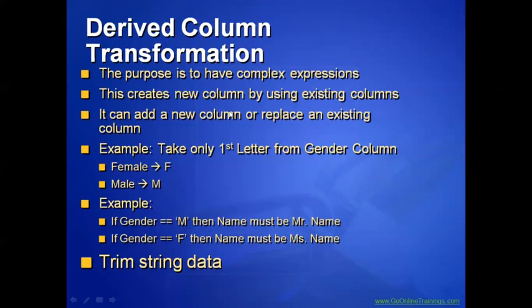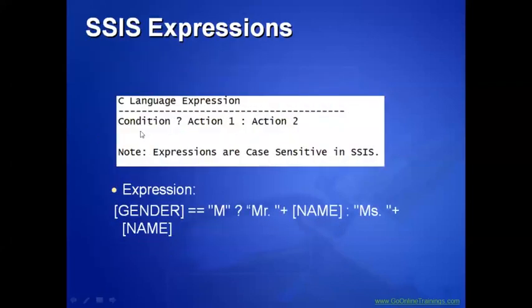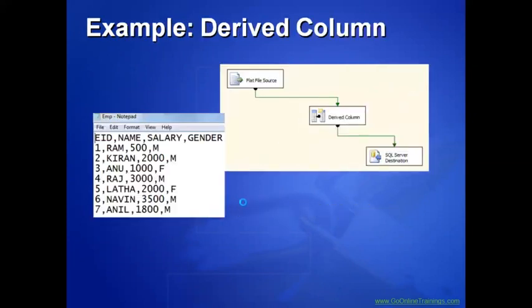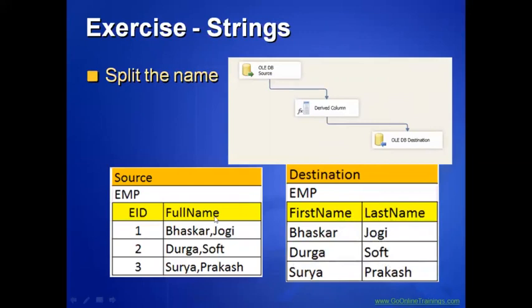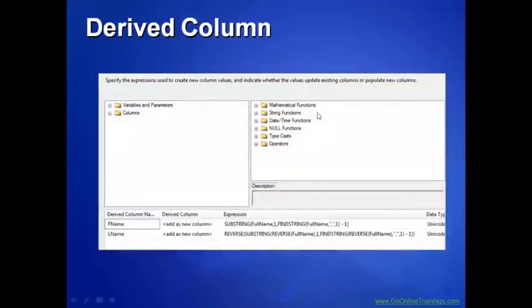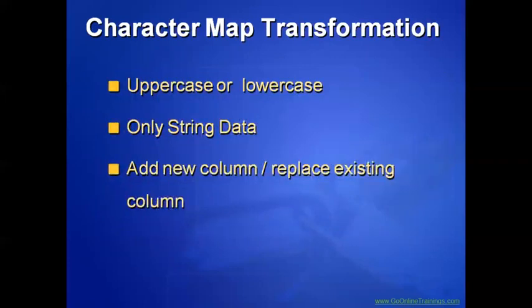If gender equals M, then I need this kind of complex expression that we are going to be writing. So don't worry about all these things now. I have Bhaskar Jogi, Durga Sav, Surya Prakash. I wanted to split the data. Splitting is also done by derived column. So if you wanted to do anything, derived column is the guy who's going to be doing a lot of things for you. Clear? All the things we will be able to perform with the help of this.